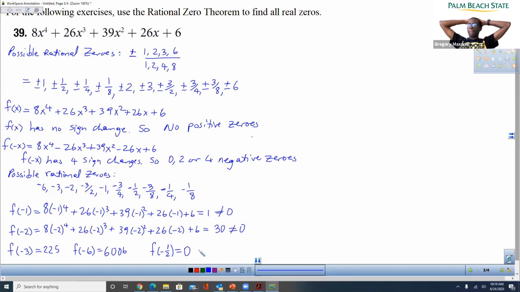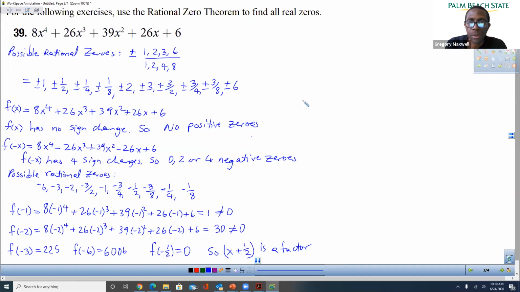What do we do with that? Sorry, x plus half is a factor, x minus -1/2. So we do some synthetic division. That is correct.